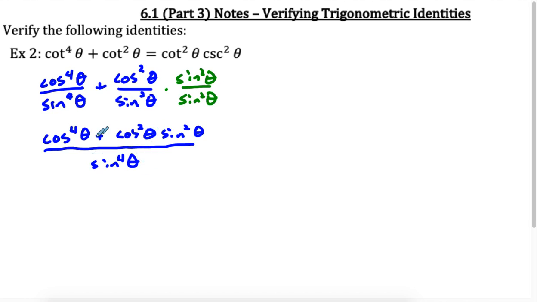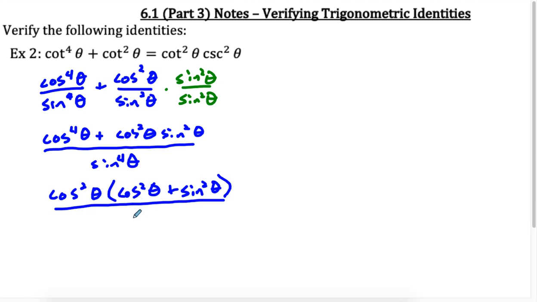Well, now in my numerator, I can factor out a cosine squared out of each of these terms. So I would have cosine squared times, I would still be left with a cosine squared here, plus I would just be left with sine squared here. And that'll still all be over sine to the fourth.